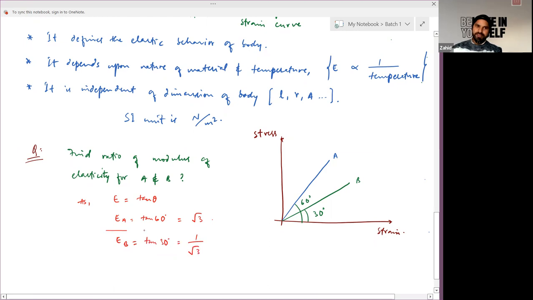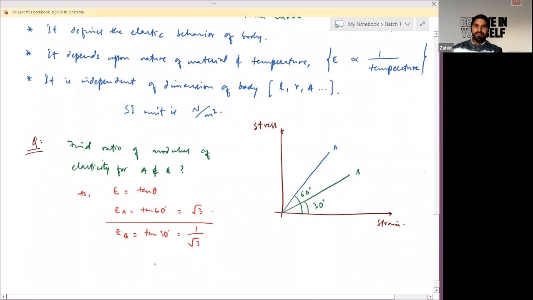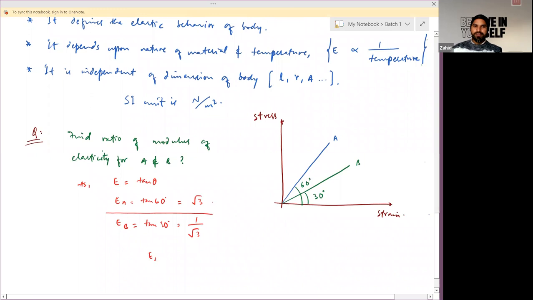So just divide these two terms. This √3 is in the denominator of the denominator, so it will move to the numerator. On multiplying with √3, it will become 3. So E of A divided by E of B will be 3 divided by 1, that is 3:1.